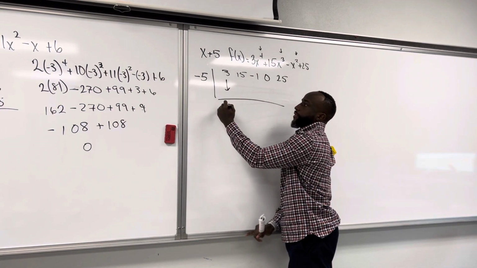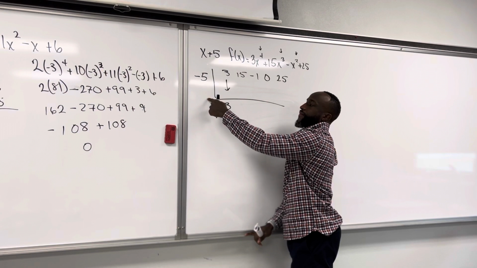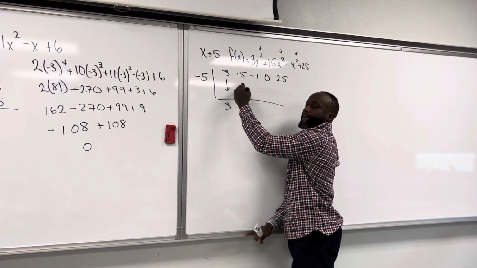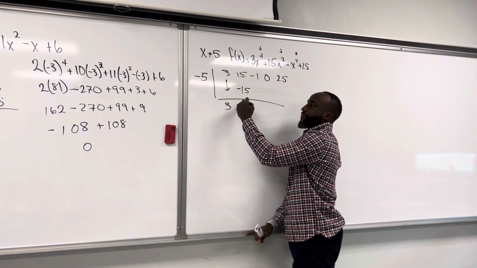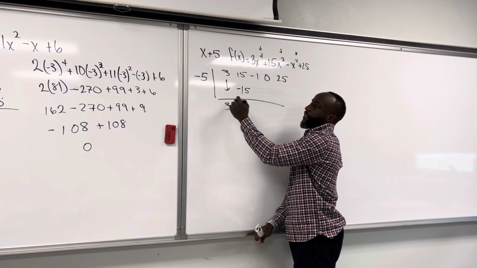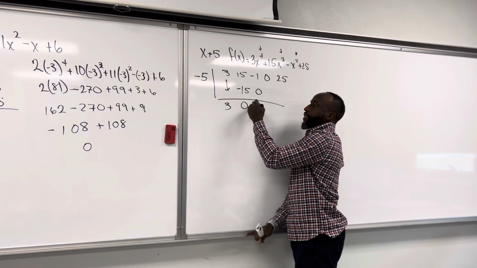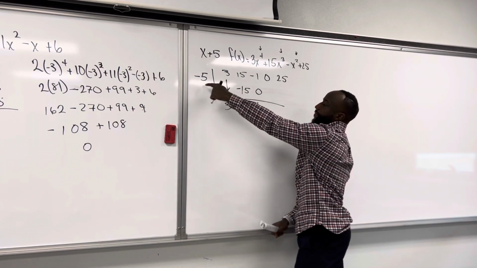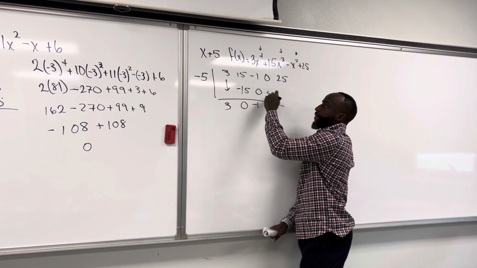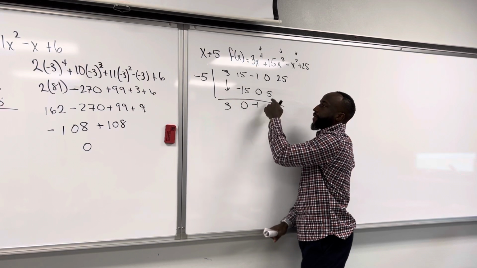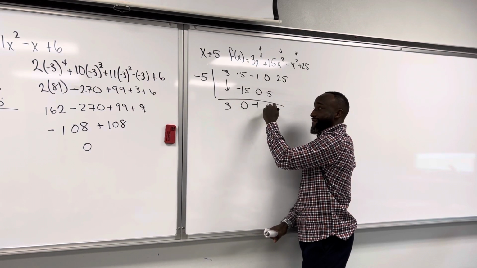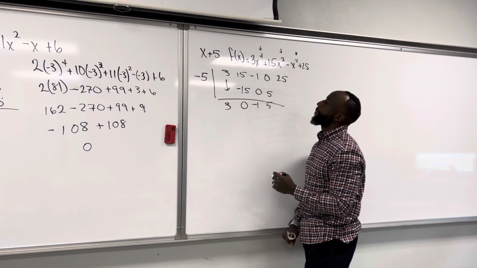Bring this 3 down. So it'd be negative 5 times 3, minus 15. 0. And then negative 5 times 0, 0. Minus 1. Negative 5 times negative 1, 5. 0 times 5, 0 minus 5, 0 plus 5.